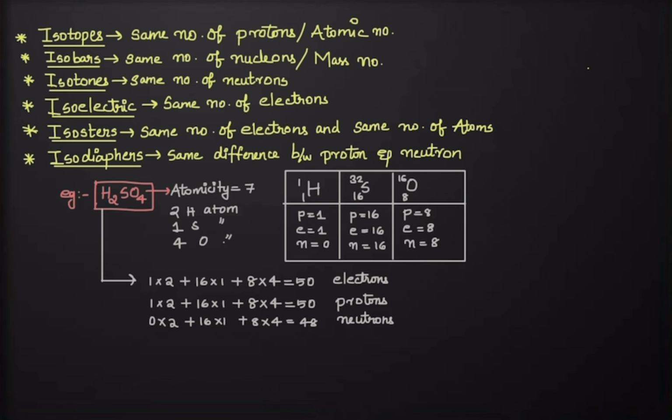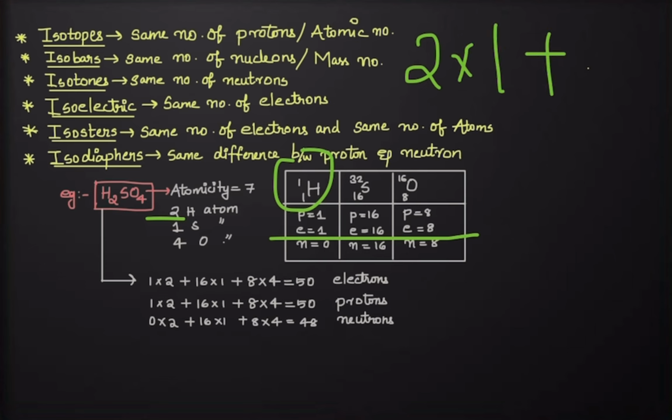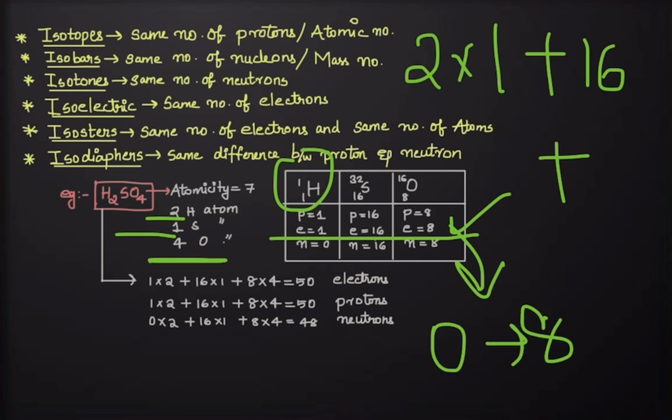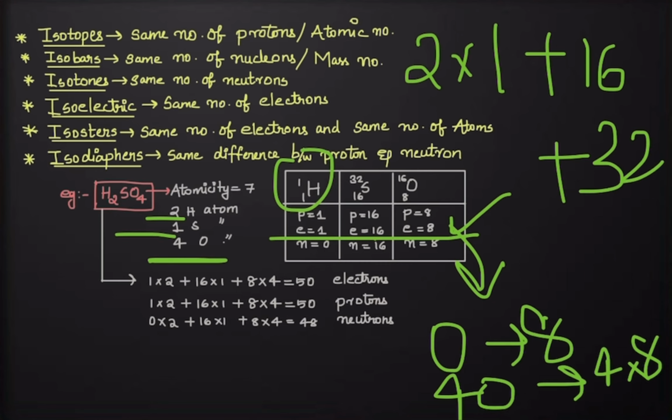One hydrogen has 1 electron, so 2 hydrogen atoms give 2 into 1, plus 1 sulfur atom with 16 electrons, plus 4 oxygen atoms, each with 8 electrons, that is 4 into 8 equals 32. So 2 plus 16 plus 32 means 50 electrons will be present.